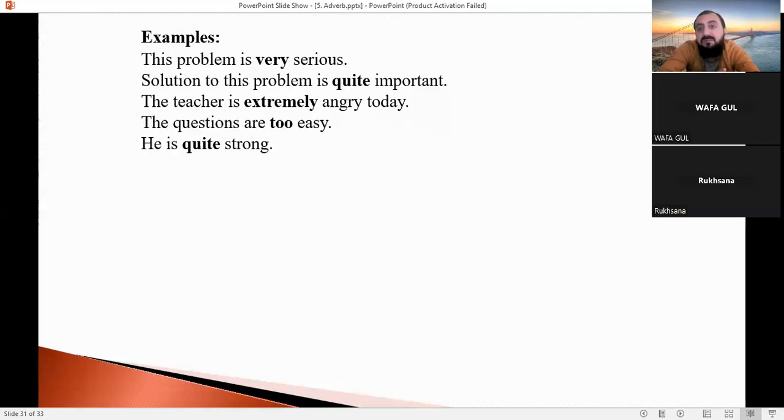So this problem is very serious. If I say this problem is serious, it's normally serious. If I say it's very serious, it's serious to a higher extent. Quite important, extremely angry, too easy, quite strong. So these are also called adverbs of intensity or adverbs of emphasis. Okay?